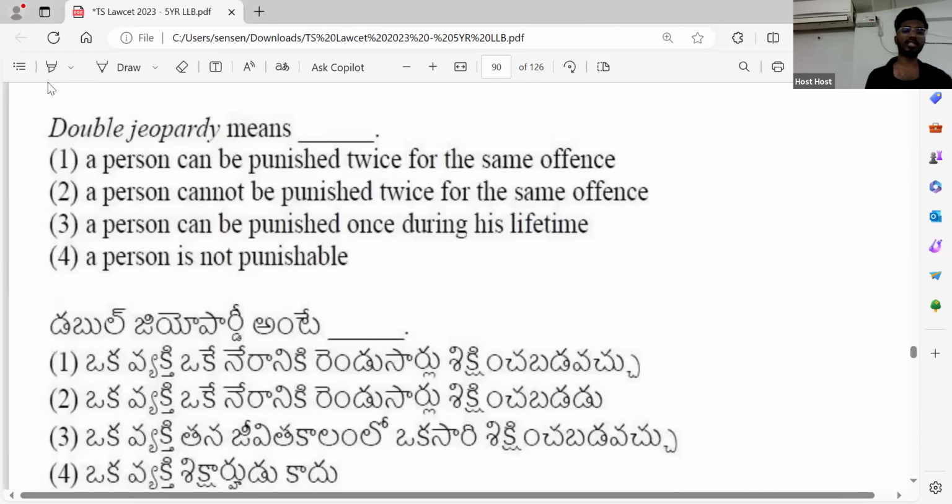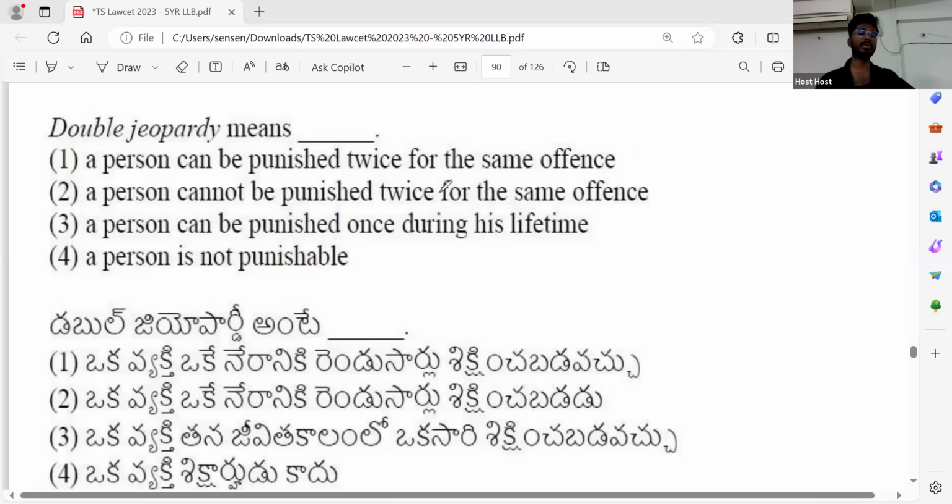Double jeopardy. What is the meaning of double jeopardy? I think I told you, no ex post facto, no double jeopardy. What is double jeopardy? No double punishment. Very good, Pratyusha. Well done. So no person can be punished twice. You cannot give punishment to anyone two times. That is known as double jeopardy. Actually there is a small confusion in the question.